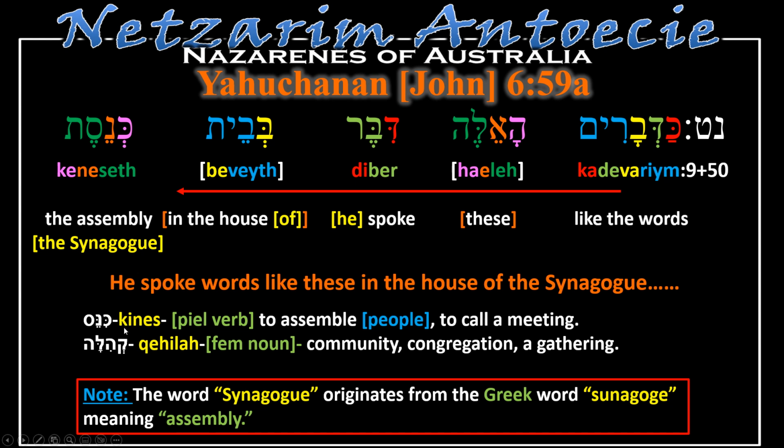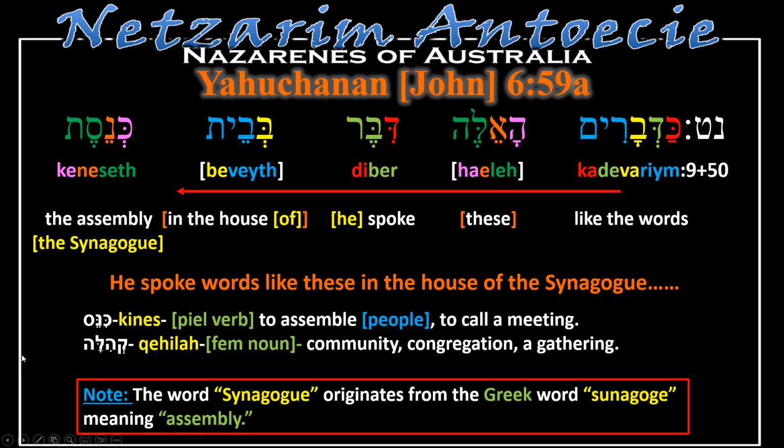Right, and down here we've got kines, which is a piel verb to assemble people or to call a meeting. And then, of course, I've given you also kehillah, which is a feminine noun meaning community, congregation, or a gathering.